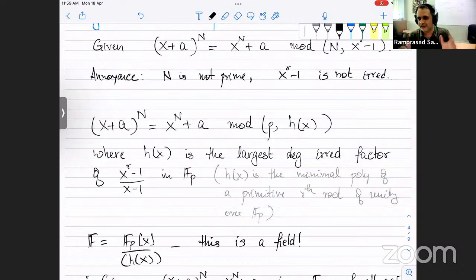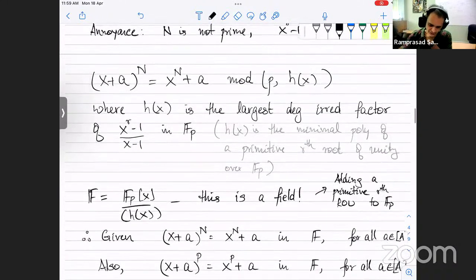We're going to say there are too many roots, etc. Okay, and what field is this? This is basically adding a primitive rth root of unity to Fp. That's intuitively what this field is. Okay, so far so good.